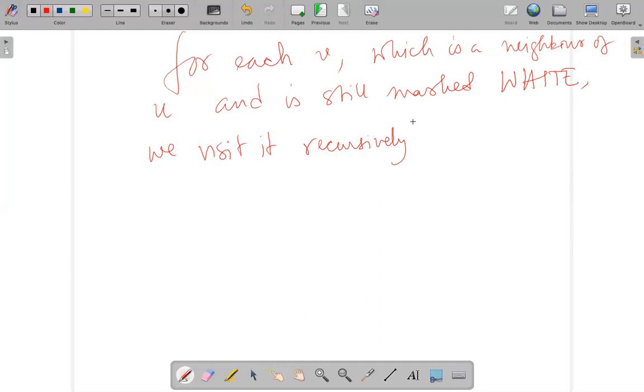So this means we go to V, and then from V we mark it gray, and then go to one of the neighbors of V, and we keep on doing it until and unless we have exhausted that path, and then we come back. Okay.